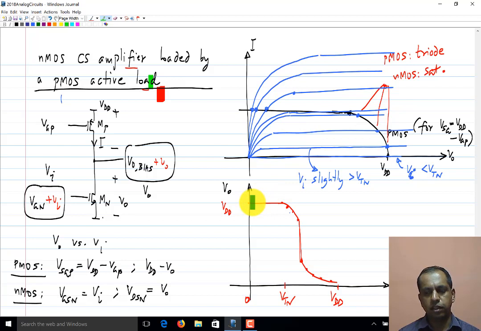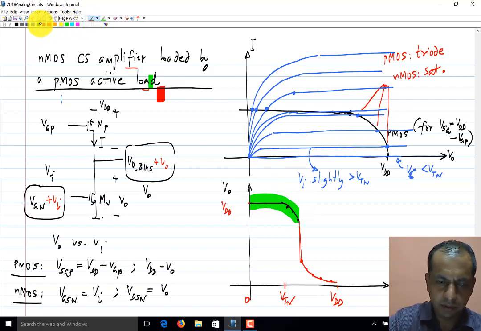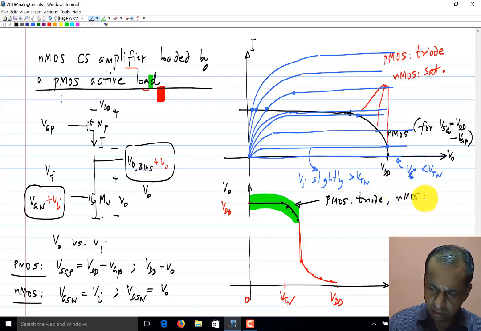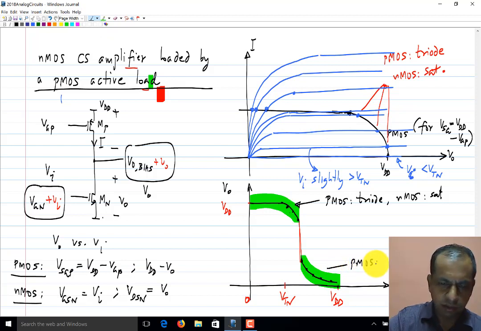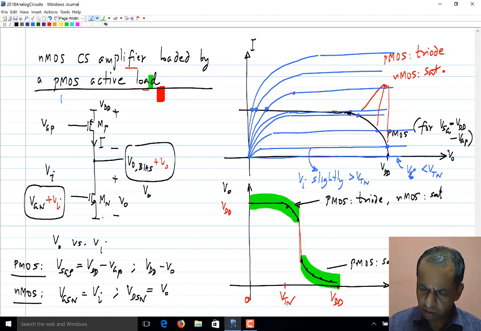So again, in this part, we have PMOS in triode, NMOS in saturation region, and in this part the other way around, PMOS in saturation and NMOS in triode, and in the middle both are in saturation region.